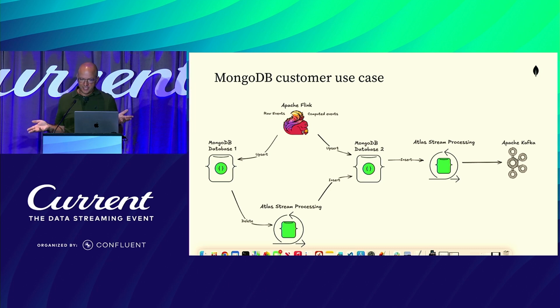They're just listening for deletes that come on that database, and then they are processing those deletes and inserting them into a different database. And then in that different database, they are listening for insert events and pushing it back to Kafka. So some more of these lightweight use cases, you can probably just use the native tool that's part of Atlas Stream Processing, which is part of Atlas. So that's kind of what we are seeing as far as customer use cases for these two technologies.